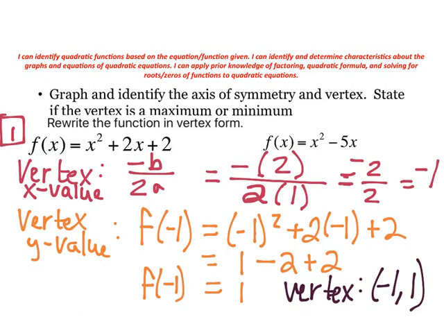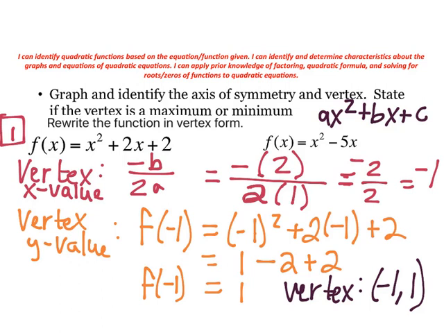Okay, so that looks like a lot of work on here, but all I did was walk through what I just talked to you about. The first thing I did was look at my function and identify, is it in standard form or is it in vertex form? Okay. And so looking at x² + 2x + 2, that is in standard form, where it is in the format ax² + bx + c.